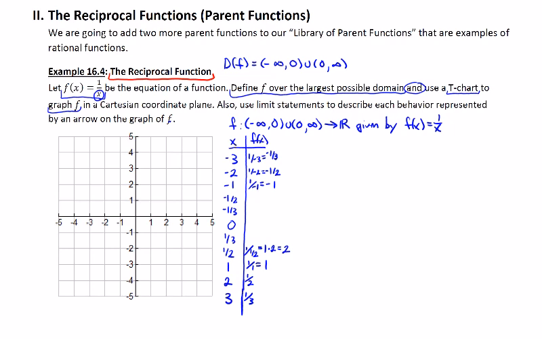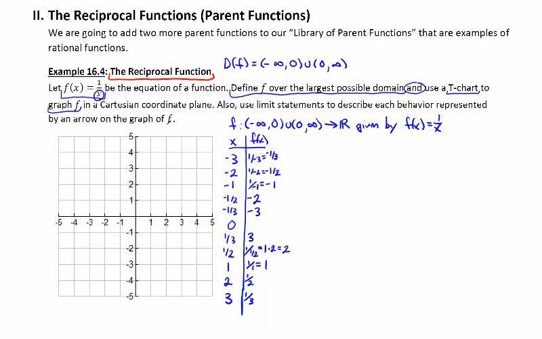So you can see how 2 maps to 1/2, 3 maps to 1/3, 1/2 maps to 2. So then you would say 1/3 maps to 3. And -1/2 would have to map to -2, -1/3 would have to map to -3.